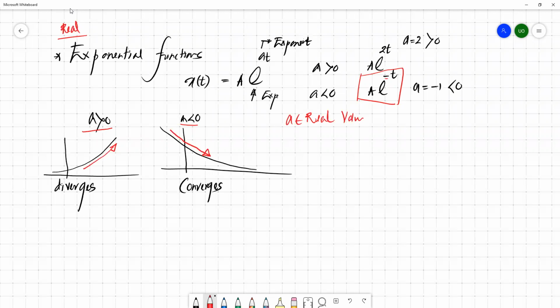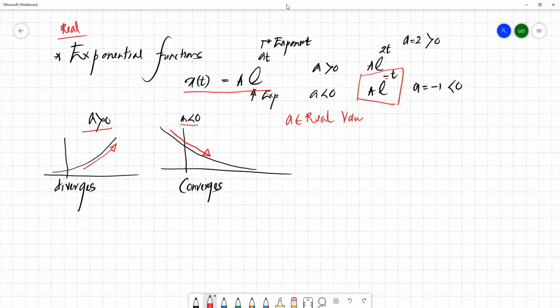If the exponent is negative, you simply have a convergent type of function where the amplitude is decreasing. So these are the two types of real exponential function. The real exponential function can be defined like that.